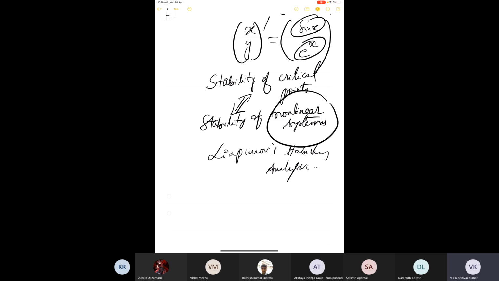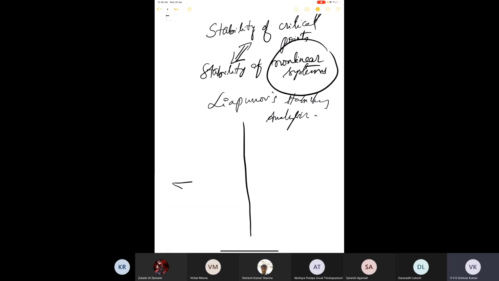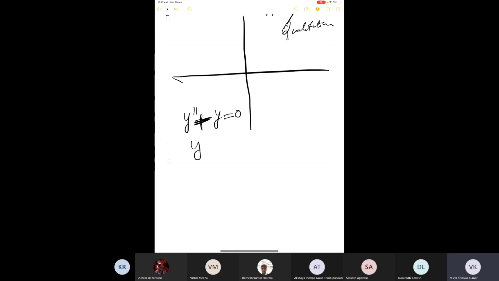So this is the overall picture of what we are going to have for the next few classes, and yeah. Another thing is why we are calling this qualitative analysis. Qualitative is we will study only the behavior without solving. For example, you consider this equation y double prime plus y is equal to 0. This initial value problem, y at 0 is equal to 0, and y prime at 0 is equal to 1.